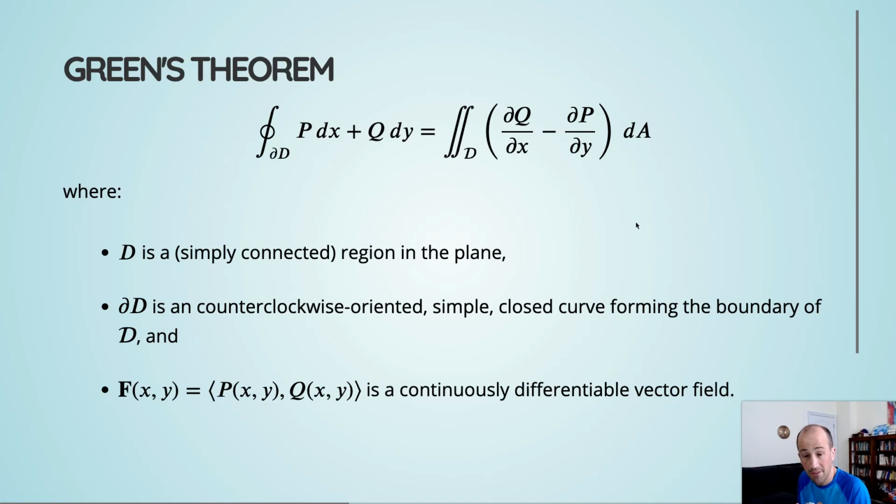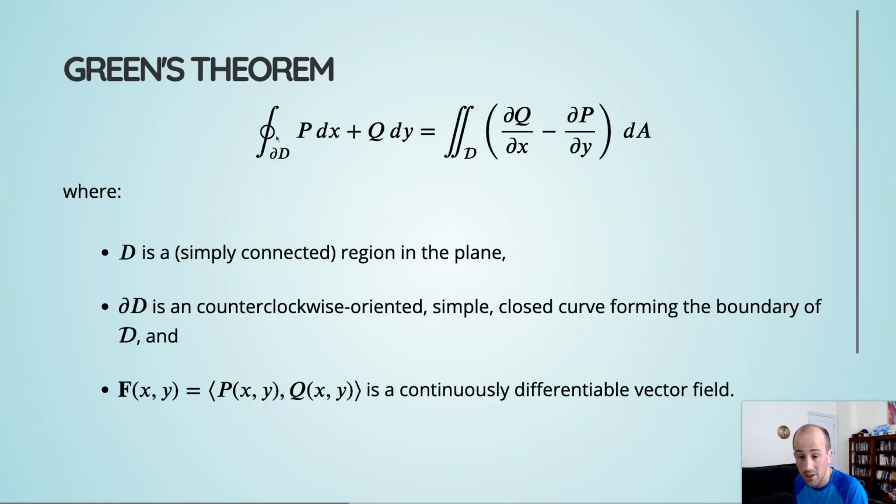And lastly, F, think of that as a vector field with components P and Q. So if you look at the left-hand side of this expression, that is the line integral of the vector field F over the boundary of D. So if we have all those pieces, we realize we do already know what everything in this statement is.